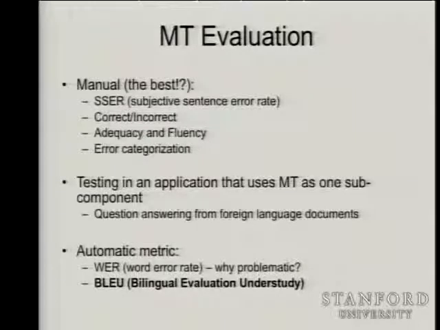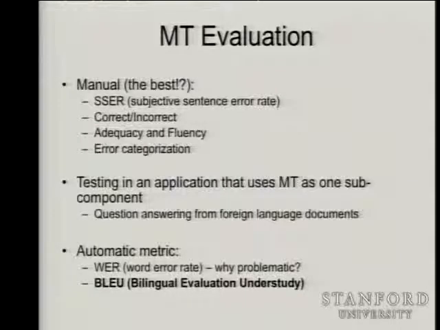That's good if you're Microsoft, but it doesn't work so well if you're doing research at Stanford University, notwithstanding the fact that everyone else thinks Stanford is very rich. So that's led to an enormous interest in other ways to do machine translation evaluation, and I'll say a bit about that.